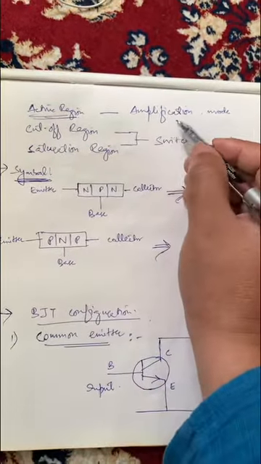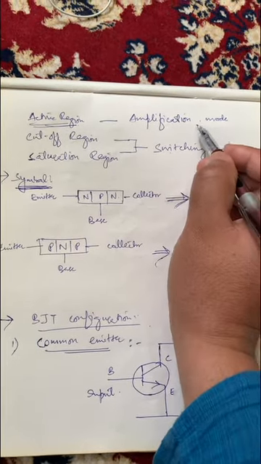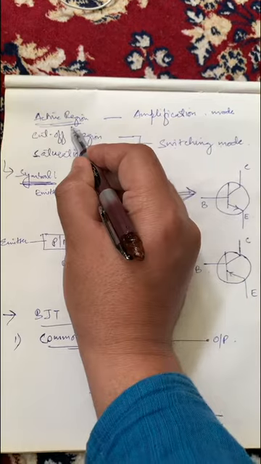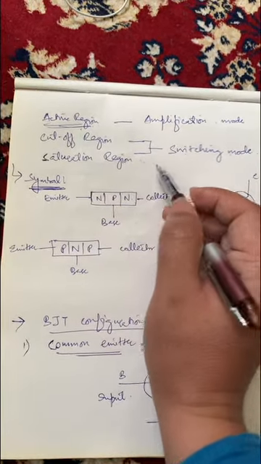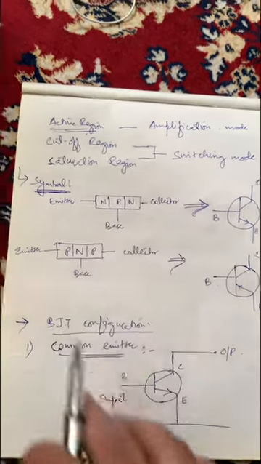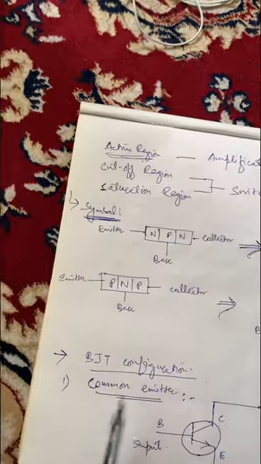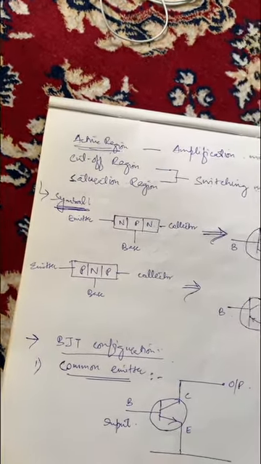So in order to operate BJT in amplification mode, it must be operated in active region, and whenever used as a switch, then it is used in the cutoff region or in saturation region. Okay, next we will discuss its symbol.